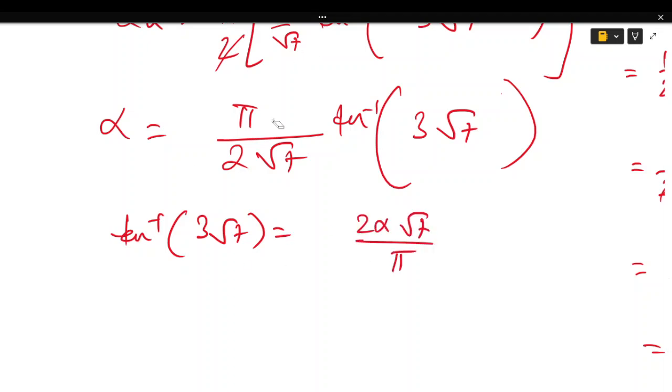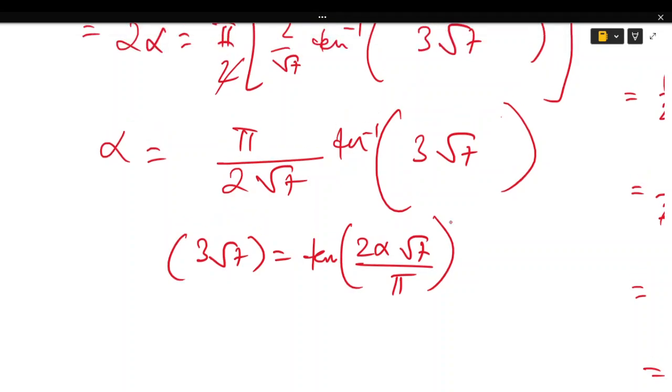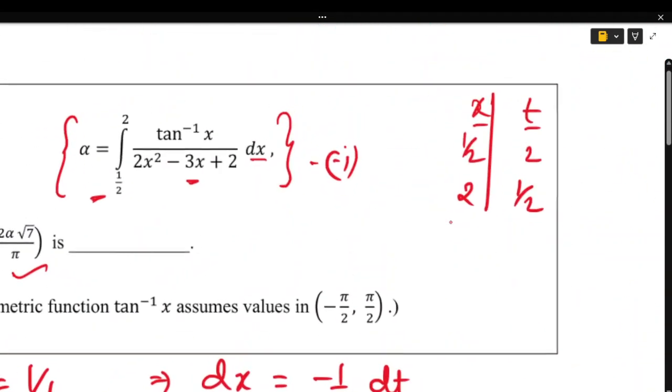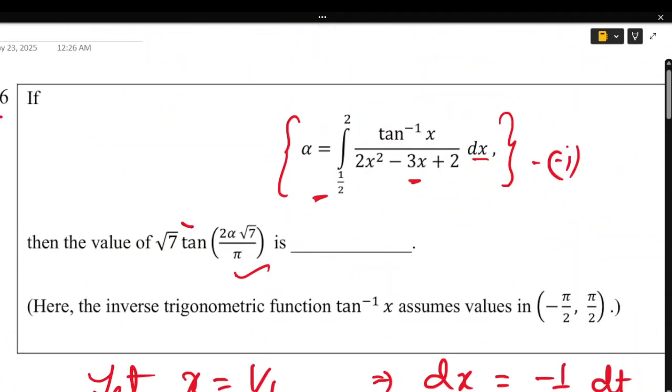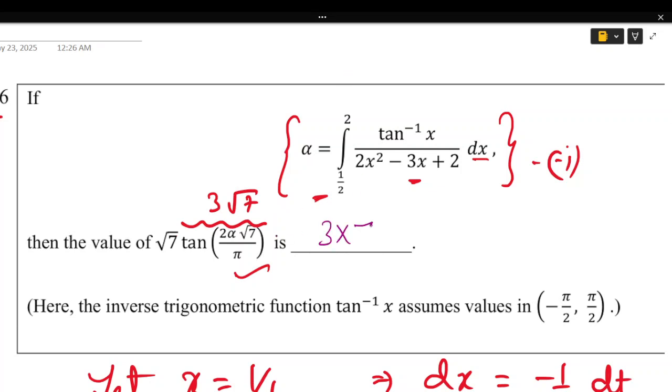Taking tan on both the sides will lead to the cancellation of the tan inverse part. So tan 2 alpha root 7 by pi is 3 root 7. So therefore this part value is 3 root 7. So if we multiply 3 root 7 with root 7, your correct answer will be 3 multiplied with 7, that is 21.